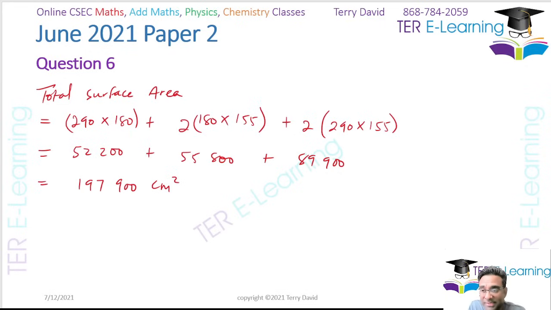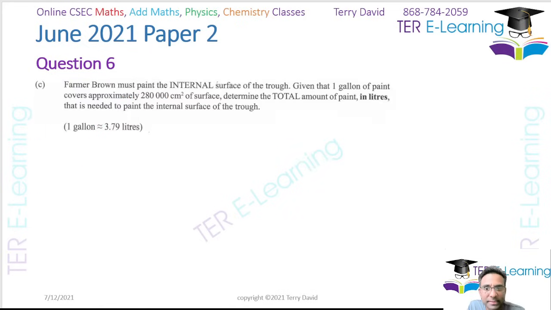Now we haven't answered the question as yet. The question says 1 gallon of paint covers this amount here. So 1 gallon covers that amount. Determine the total amount of paint in liters. So we need to write a statement along those lines.